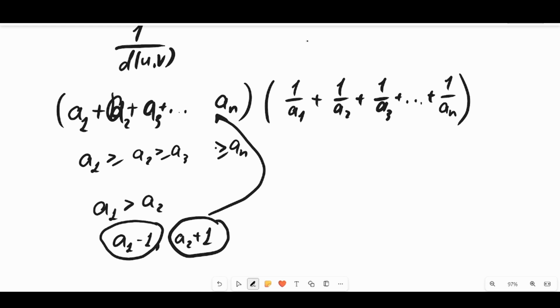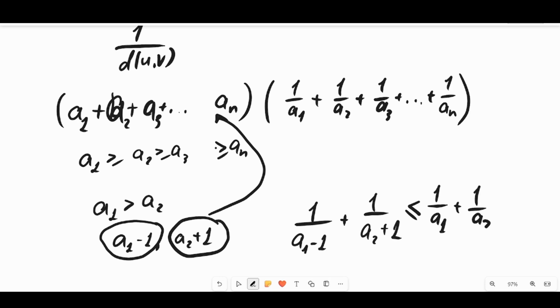But what can we see about the right-hand side? 1 over (a1 minus 1) plus 1 over (a2 plus 1). If we somehow prove that this number is less than or equal to 1 over a1 plus 1 over a2, then we will finish the problem. Now take their product.